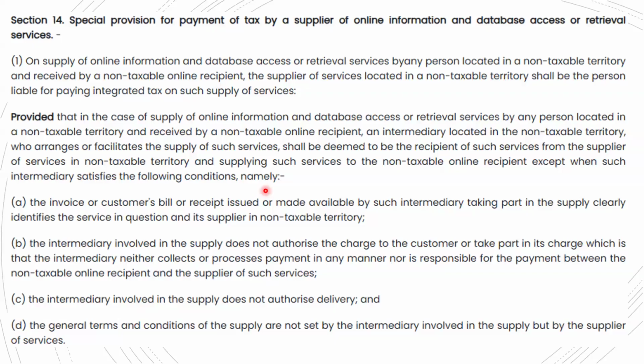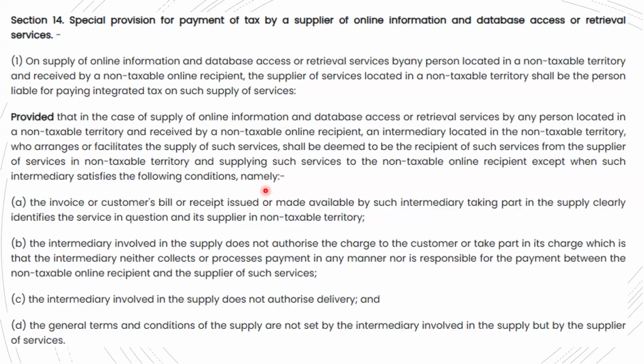So Deepak sir, see, when the person in non-taxable territory supplies services to an NTOR in India, it is covered by the provisions of subsection 1. Now, the proviso carves out an exception saying if it is supplied to an intermediary in non-taxable territory, then that intermediary shall be the recipient.